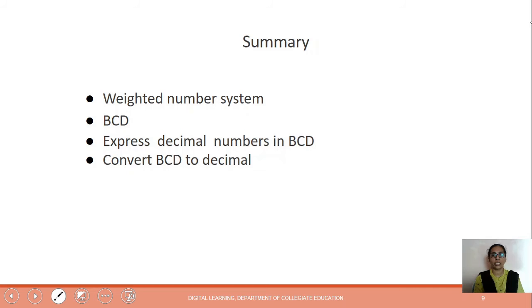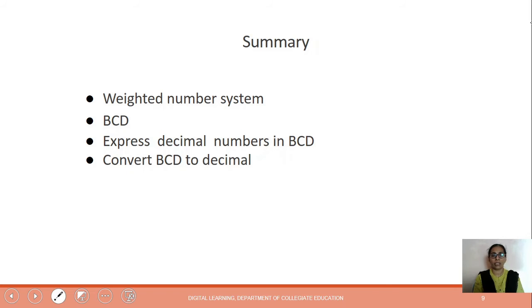We have seen weighted number system, and in decimal number system the weights of the digits are powers of 10. In binary the weights are powers of 2. In octal weights are powers of 8, and in hexadecimal weights are powers of 16. And binary coded decimal, which is a weighted code, and the normally used BCD code is known as the 8421 code, and 8421 represents the weights of the 4 bits of the BCD code.